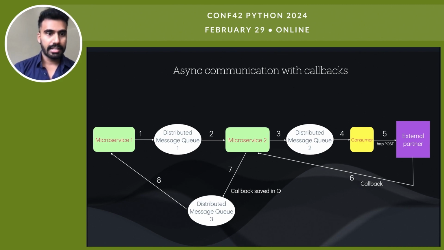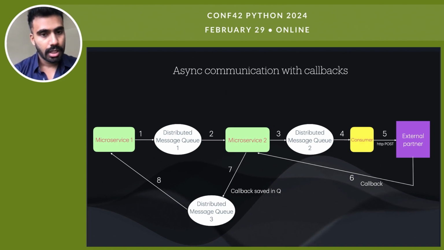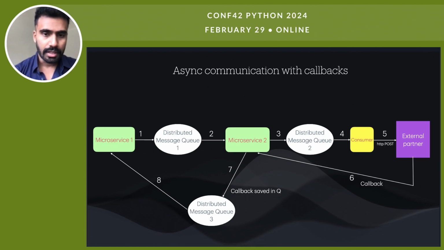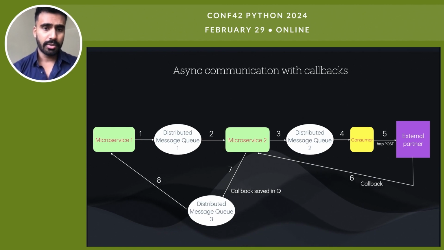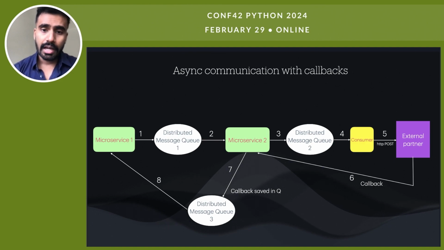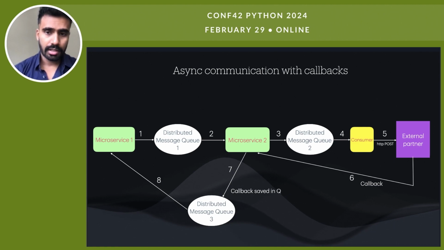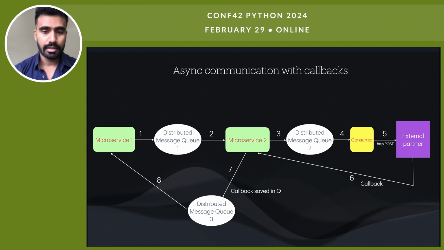So the user knows that it is in processing, and then microservice 2 has a consumer which reads from this message queue, does whatever processing, and then again puts it in a different distributed queue at step number 3. Now when you have to make an external call, again there will be a consumer reading from Kafka queue 2, and it makes an HTTP call.